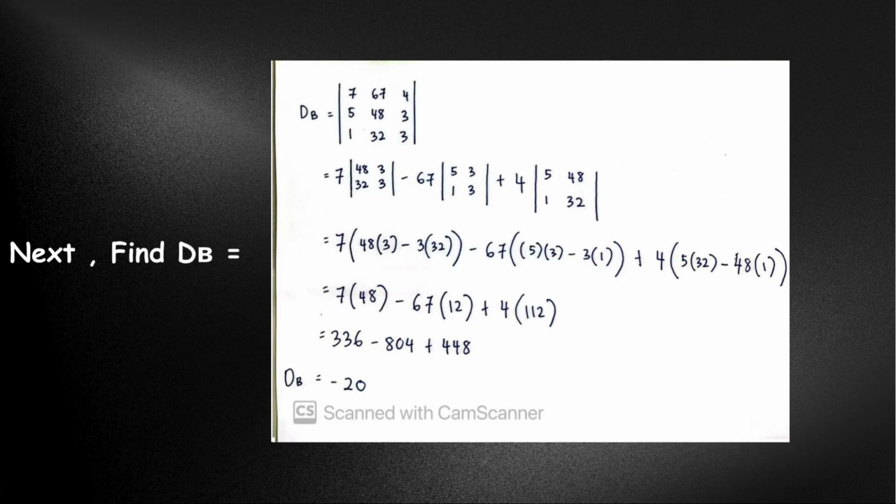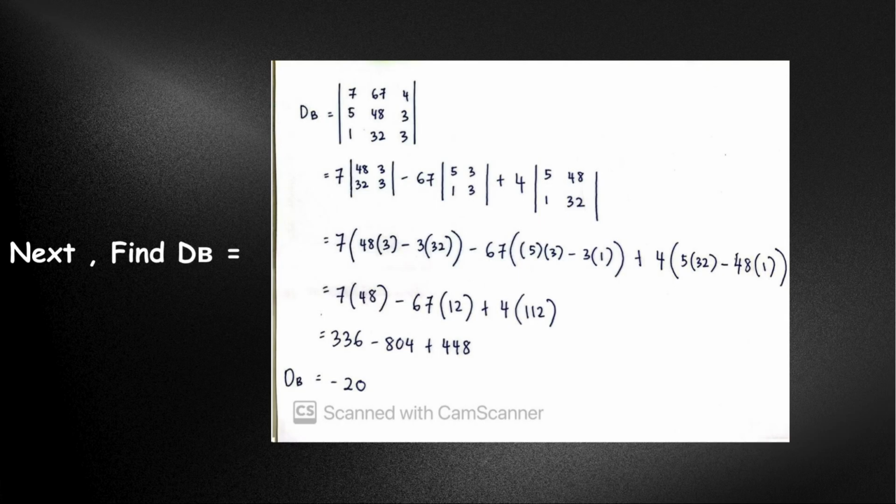Next we'll find dB. dB equal 7, 67, 4, 5, 48, 3, 1, 32, 3. 7 times all in the bracket, which is 48 times 3 minus 3 times 32. Negative 67 times all in the bracket, which is 5 times 3 minus 3 times 1. Plus 4 times all in the bracket, which is 5 times 32 minus 48 times 1.